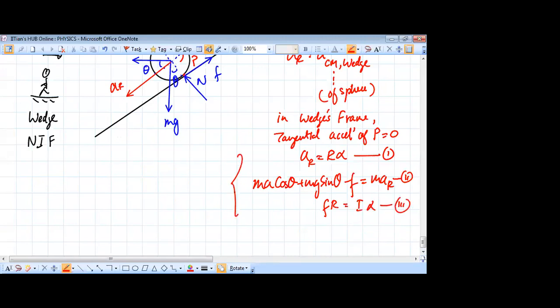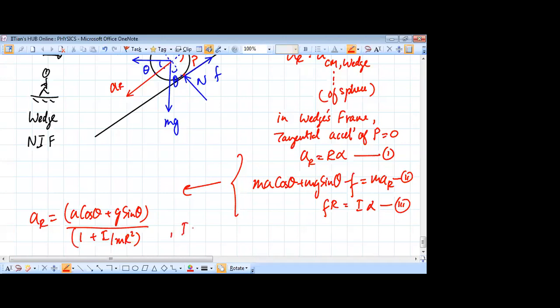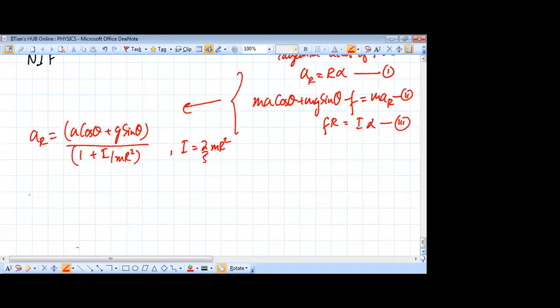So solving these three equations, you will get that A relative will be equal to (A cos theta plus g sin theta) upon (1 plus I by mr square), and I you will take here as 2 by 5 mr square. So we get this relation.